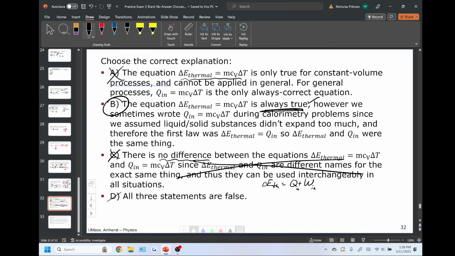But delta E thermal is always equal to mCv delta T, even if the process is not constant volume, which is kind of counterintuitive, but it is the reality of the situation. The reason has to do with the definition of Q versus delta E, and what variables you hold fixed during a process. If you study advanced thermo, it'll be pretty trivial, but we don't really have the technology to deal with it here, so not going to do it.